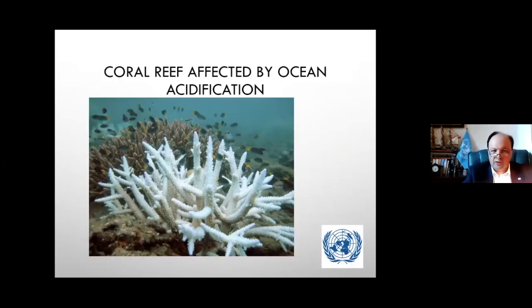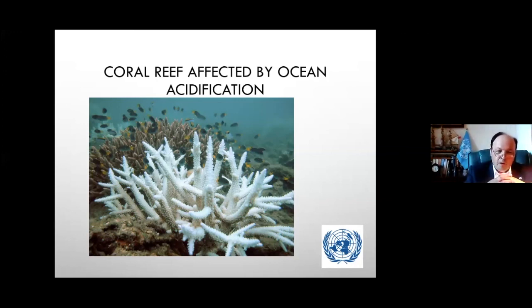This is just an example with a coral reef affected by ocean acidification, and we all know the beauty of coral reefs. And the reason, briefly to explain, is because the corals are basically animals, and they've got these little microalgae that help them. They're helped by the microalgae to absorb radiation and produce photosynthesis, and that produces their energy.